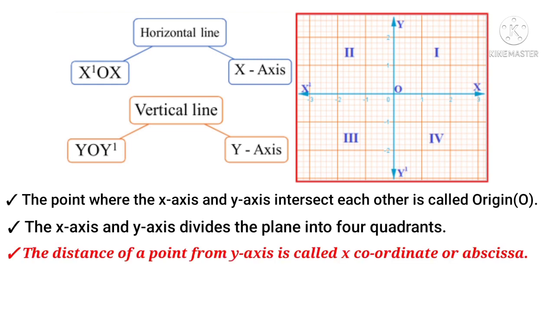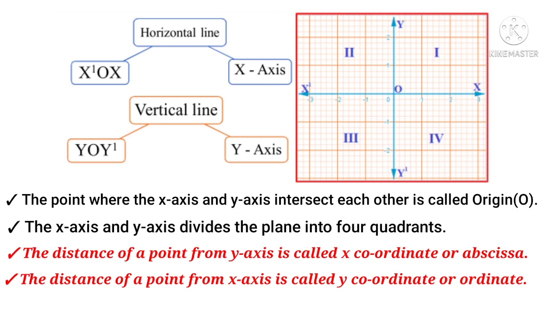Whenever a point is considered on the graph, the distance of a point from the y-axis is called the x-coordinate, or abscissa. The distance of a point from the x-axis is called the y-coordinate or ordinate.